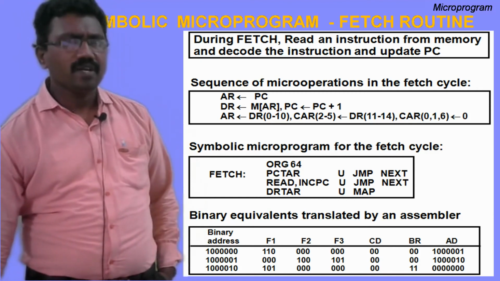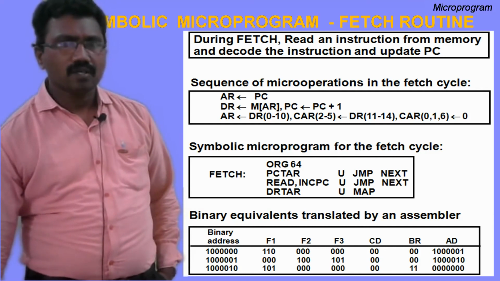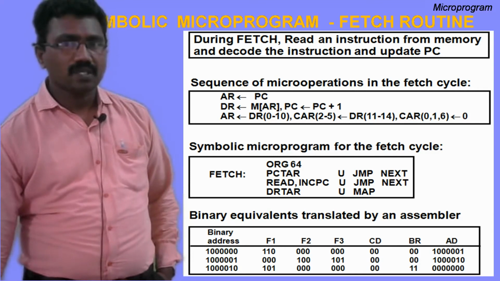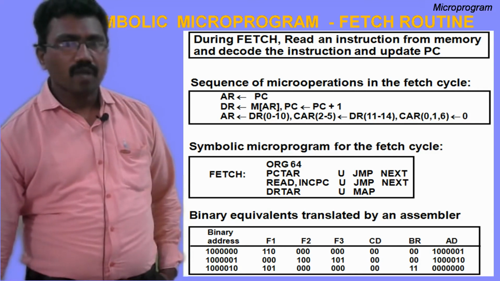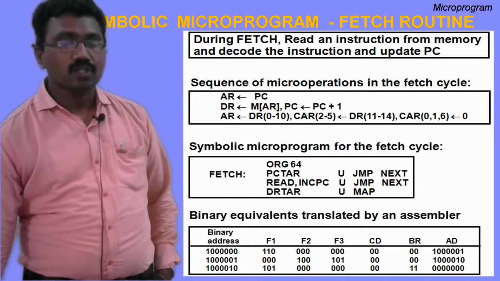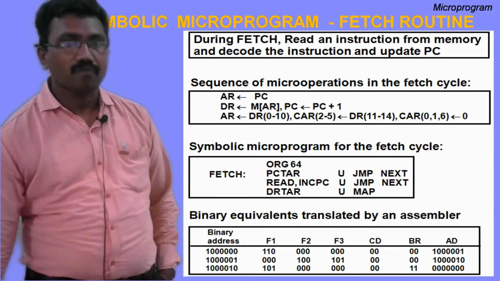At 65, the label field is empty. And here what is the operation? M of AR to DR, PC plus 1 to PC. M of AR to DR is nothing but read, memory to data register DR. Which micro operation field defines it, F1, F2 or F3?